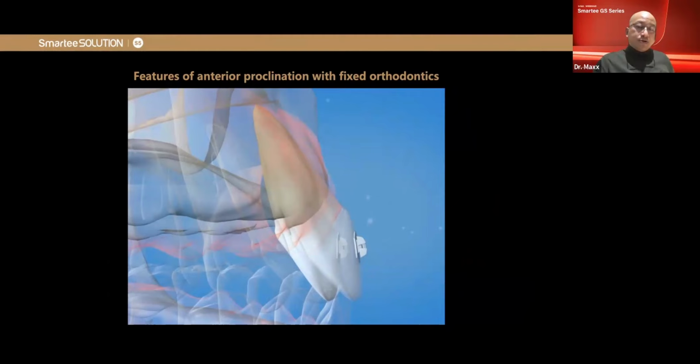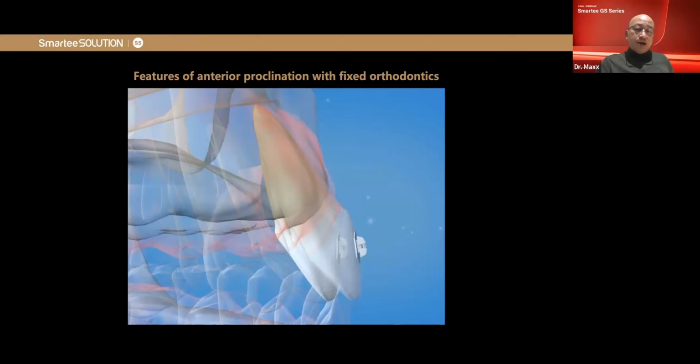And now I talk about another aspect of S5. This picture shows us the features of anterior proclination with fixed orthodontics. What are the features?